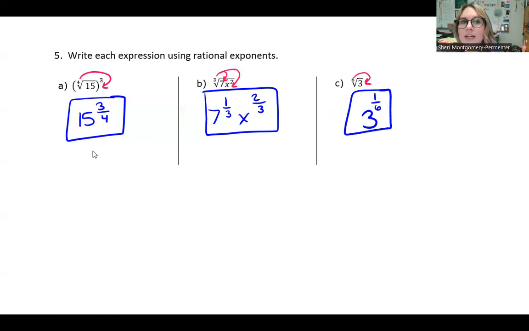So just rewriting with rational exponents. Remember, a rational means ratio. Ratio is fraction.